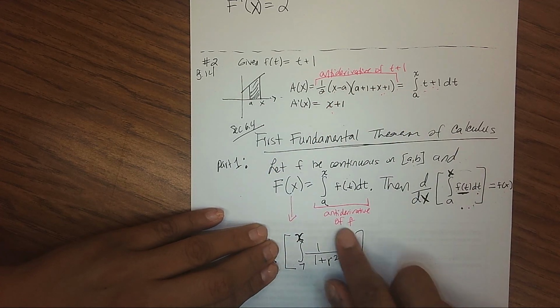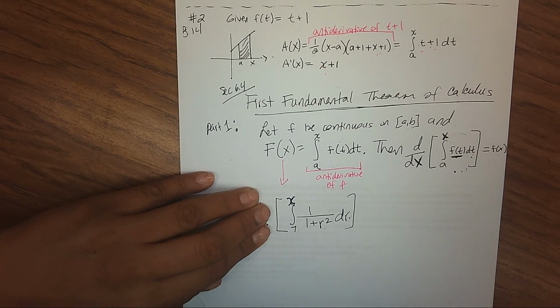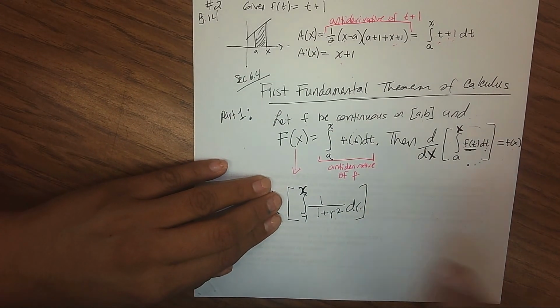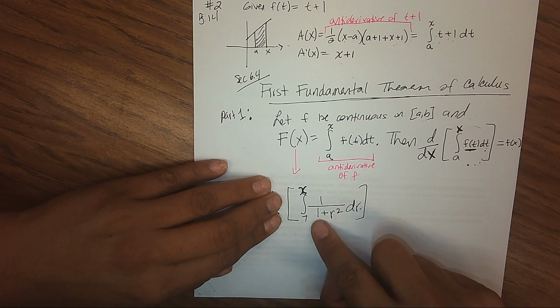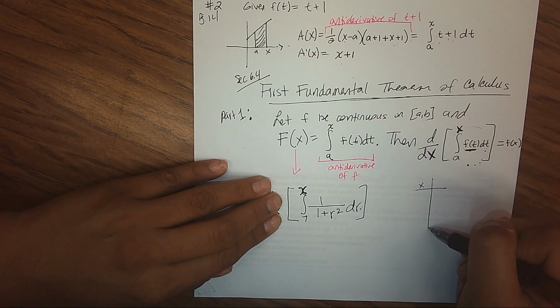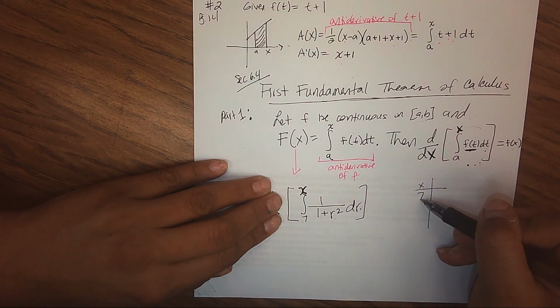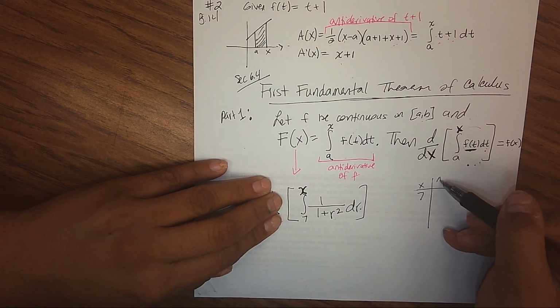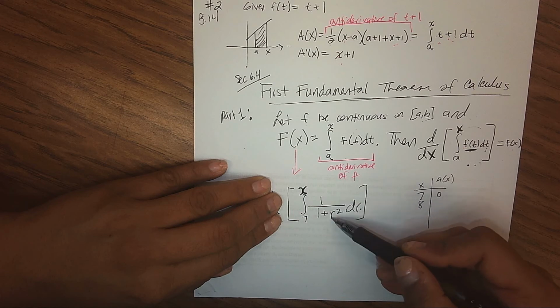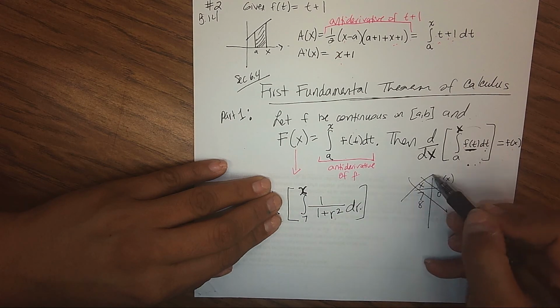So I am not going to ask you to find this antiderivative. We are not graphing 1 over 1 plus r squared. We are not making a table where x is 7 and the area, we'll call it A of x, is 0. When x is 8, you'd have to graph this and see what shape it makes. We are not doing all that.